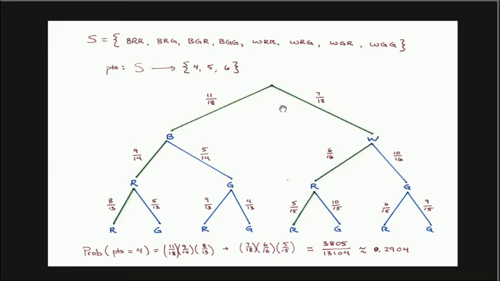The probability along this path is 7/18, 6/16 times 5/15. If we add those two together, we get 3,805 over 13,104. An approximate decimal expansion of that gives the probability of getting 4 points of 0.2904.